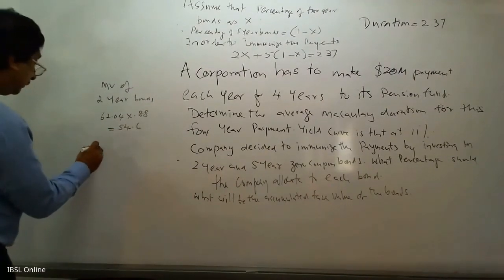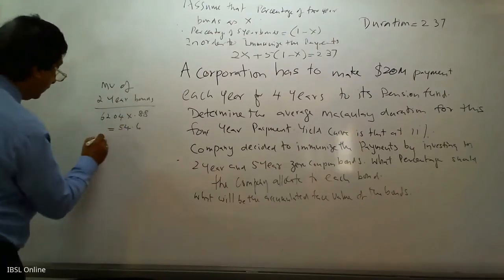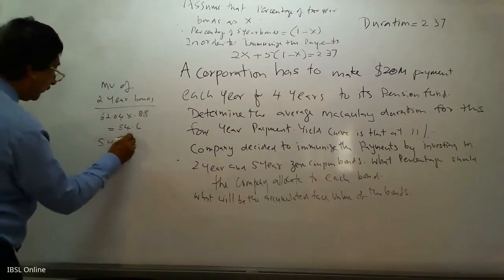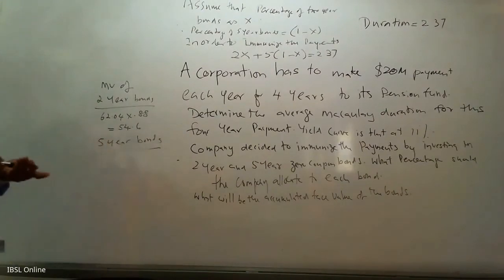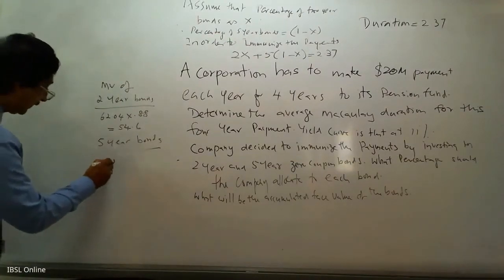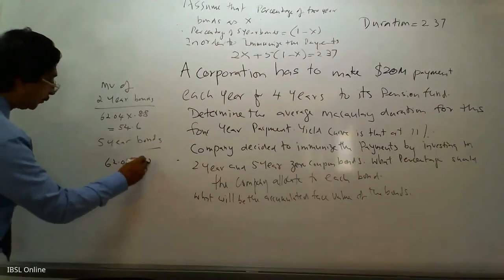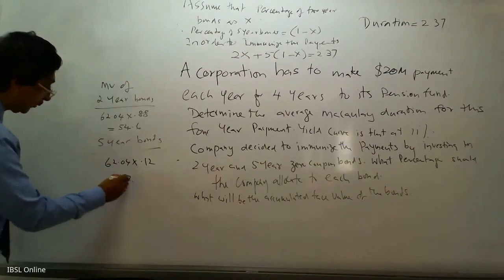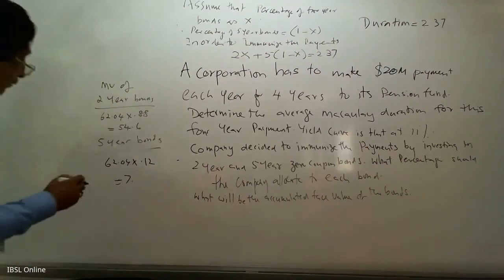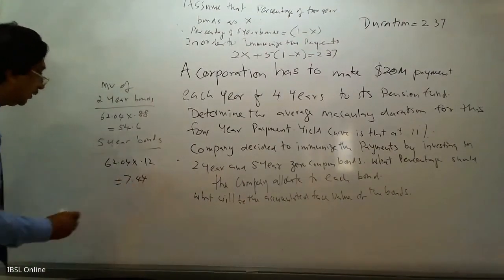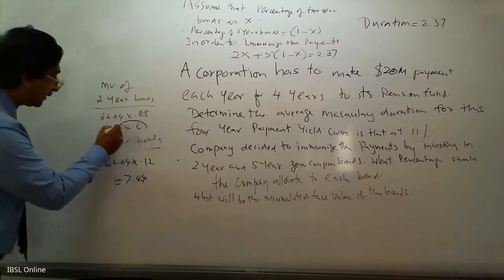And 5-year bonds, 62.04 into 0.12. That comes to 7.44. These are the market values.